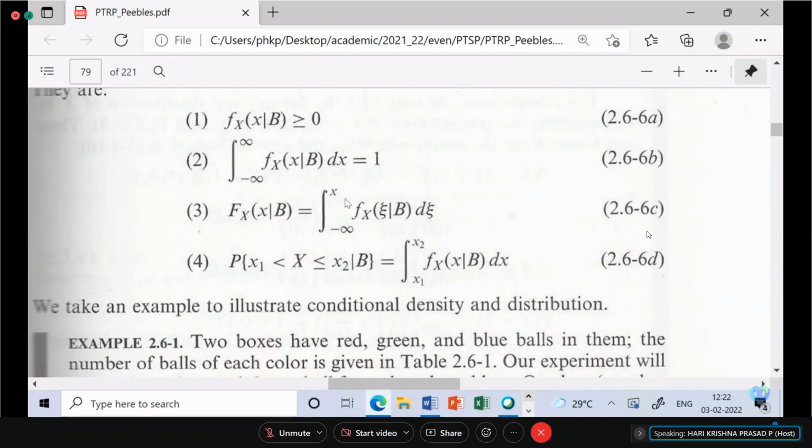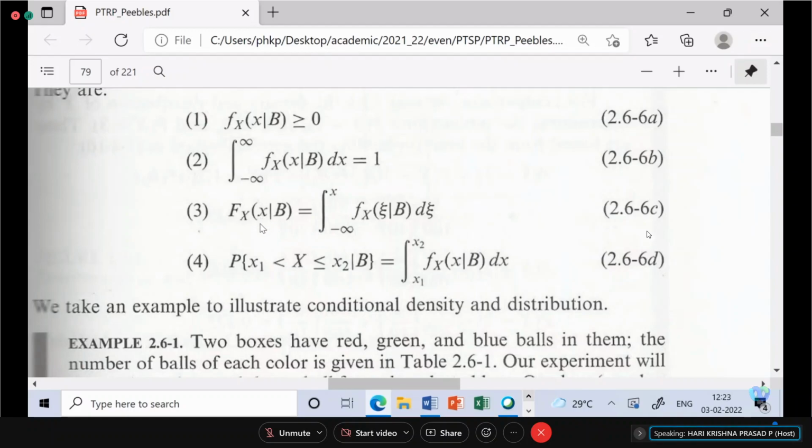And what is the argument? It is the conditional density function. The independent variable is the random variable, with values taken by that being xi. When you evaluate this integral, xi will disappear because xi is replaced by the limits minus infinity and small x. So upon substitution of limits, the resulting expression is a function of small x.